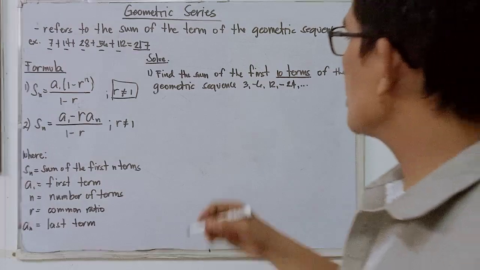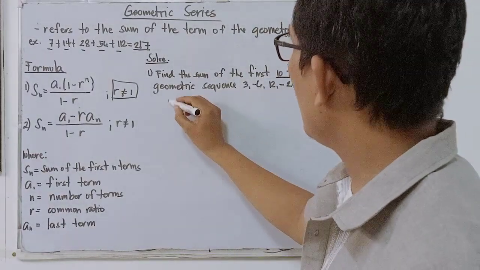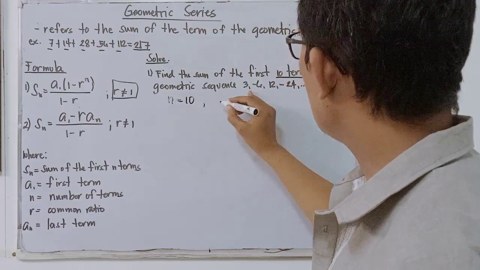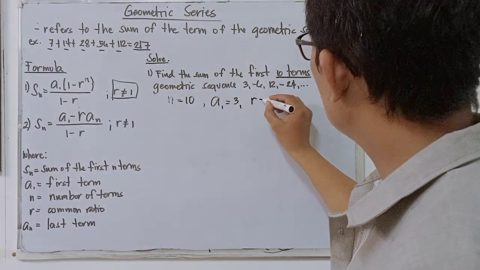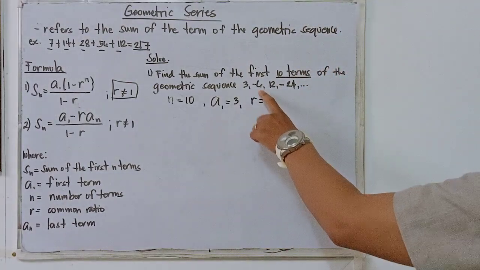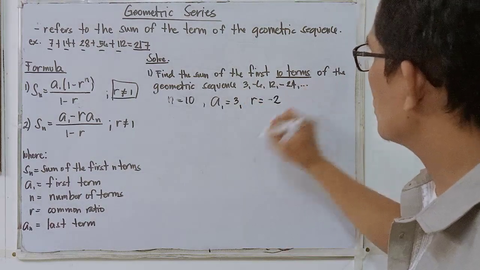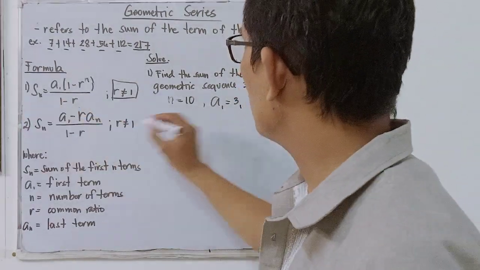So we're going to identify first that n is equal to 10, a sub 1 is 3, and the common ratio can be solved by dividing our second term by our first term, and that is negative 2. With this given information, we're going to use our first formula.